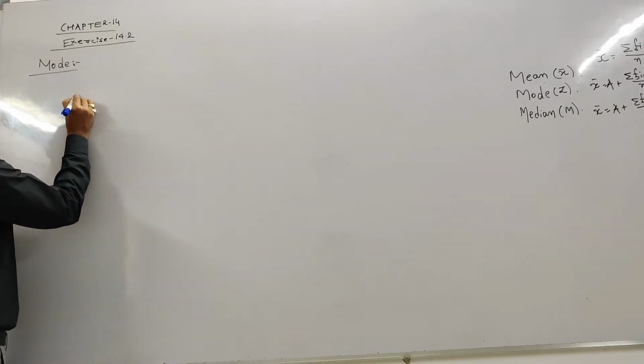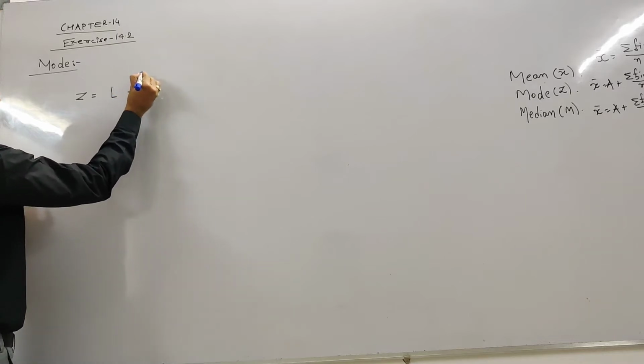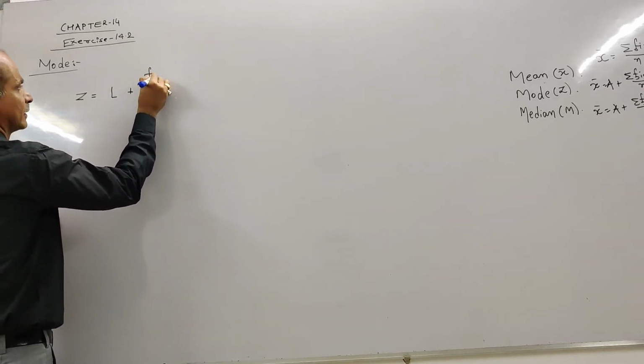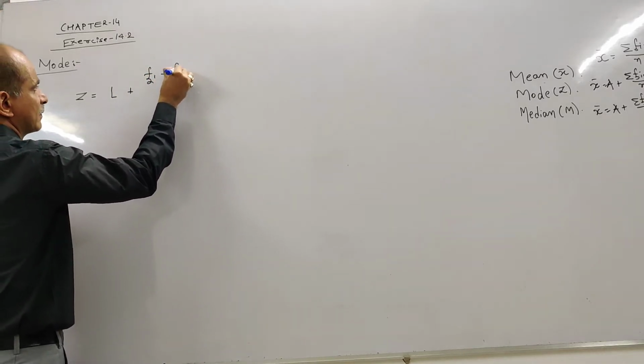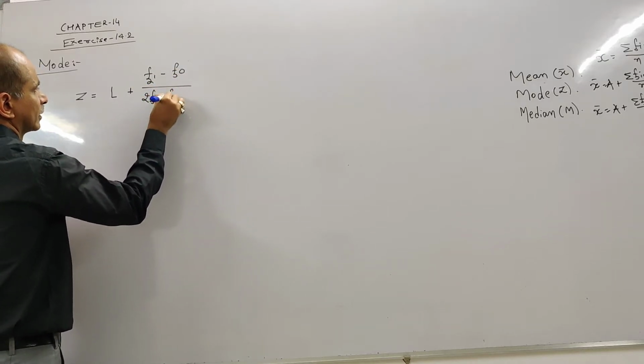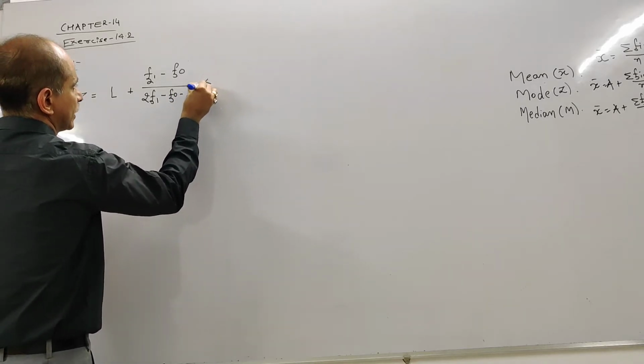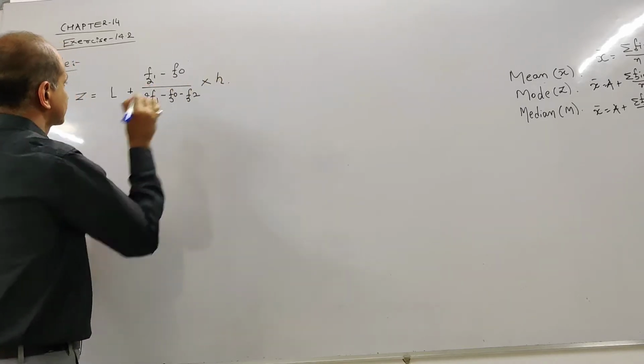So the formula is Z is equal to L plus (f1 minus f0) upon (2f1 minus f0 minus f2) into h.